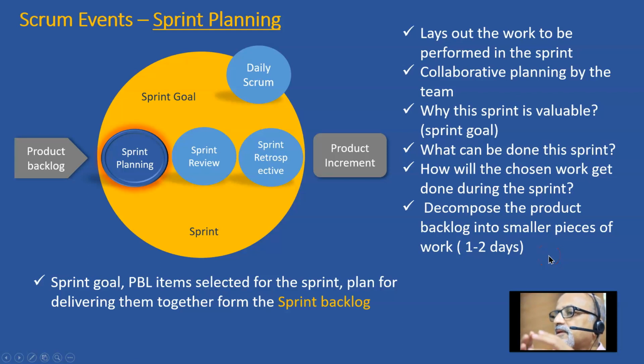So during the planning meeting, the first half gets into deciding what features can be done during the sprint, and in the second half, the team decomposes those features into activities that can be completed in 1 day's time. Each task should not run for more than 1 day. In exceptional cases, maybe 2 days, not more than that. But always we should strive for that 1 day. A task should get over in a day's time. That is the thumb rule prescribed by the Scrum Guide.